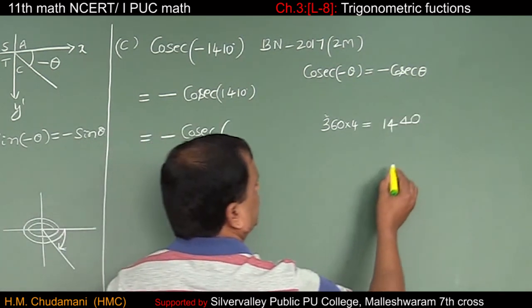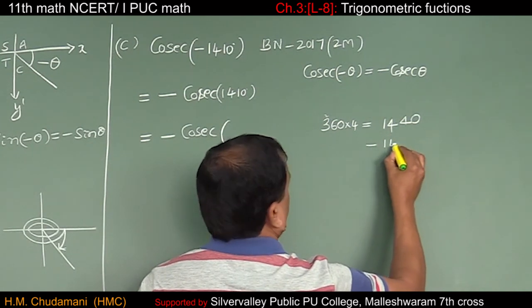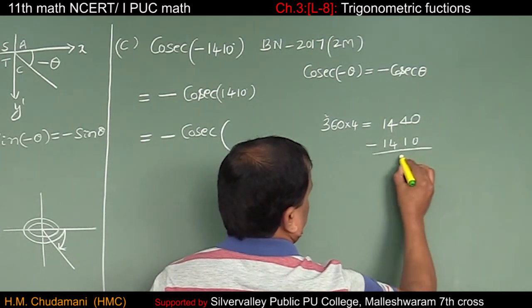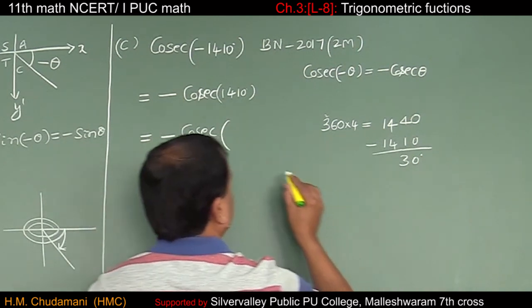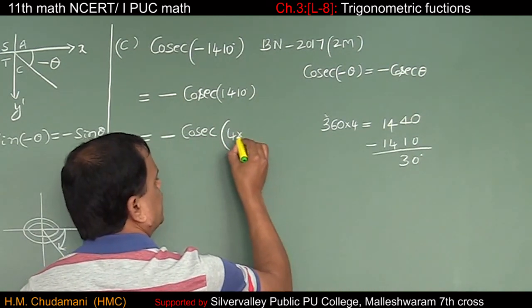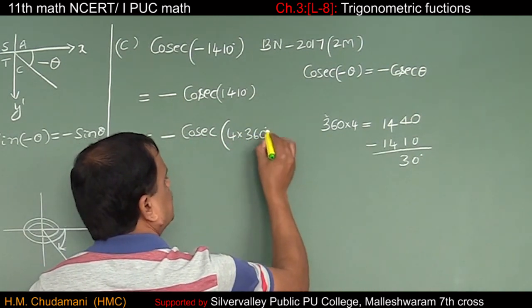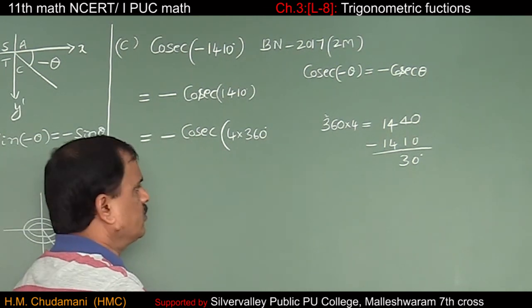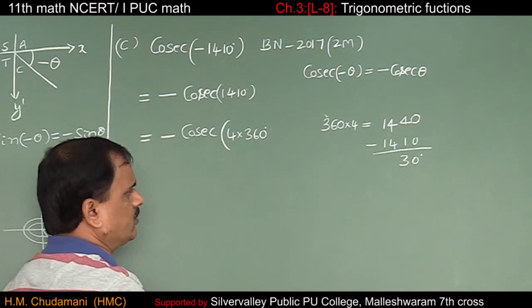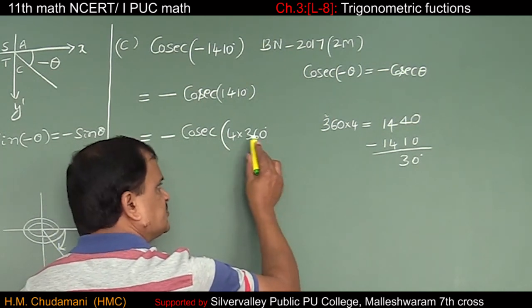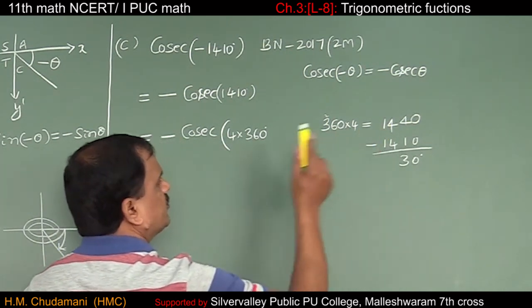Actually we have 1410, so 1440 minus 1410 means 30 degrees.